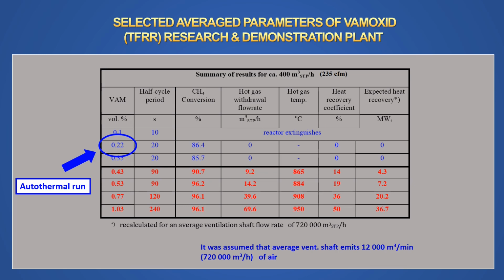The expected heat recovery for an average ventilation shaft can even achieve 36.7 megathermal watts for 1% methane concentration. The recovered heat can be successfully applied for further use as coal generation or electricity production.